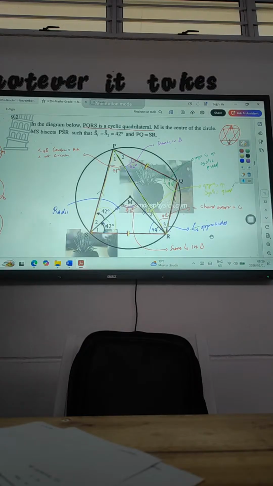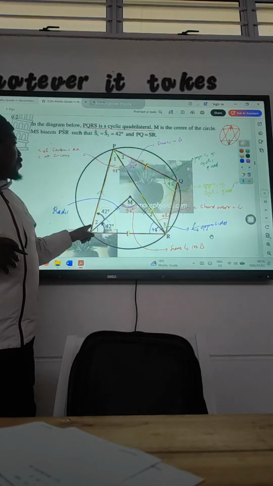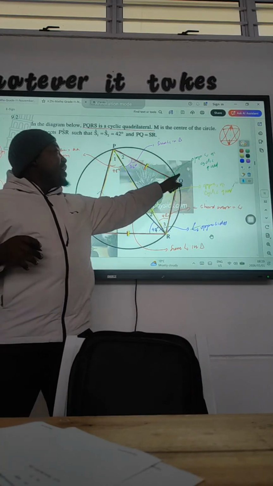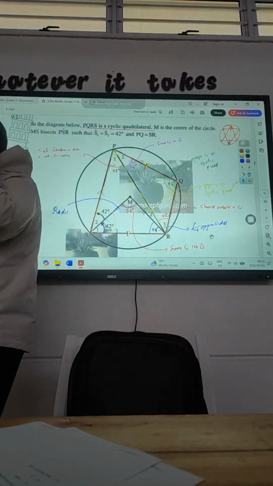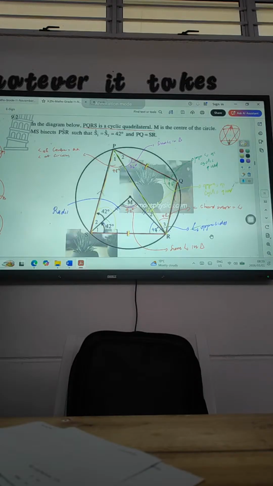And then let us answer 9.2.2, which was saying calculate, giving reasons, the size of PQR. You know that the size of PQR is already written on your diagram as 96, and the reason is opposite angles of a cyclic quad. That question has been answered through our diagram analysis. And then we look at P1.